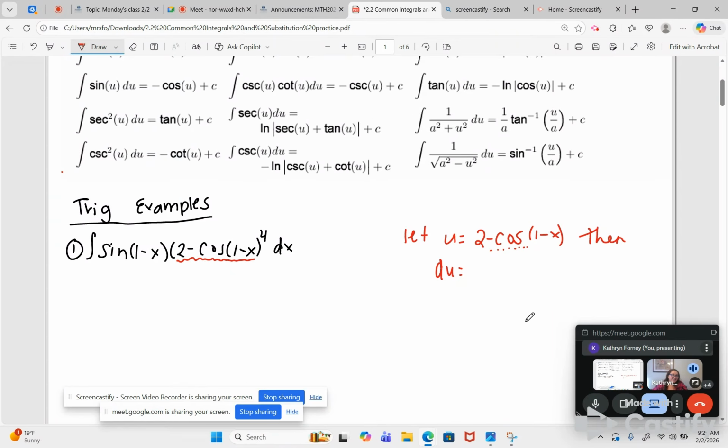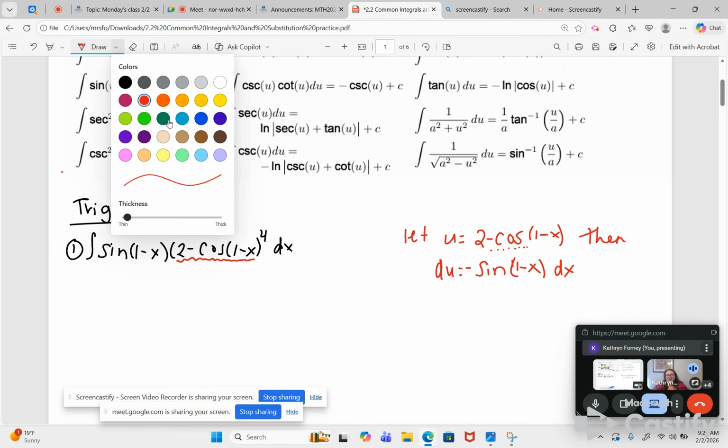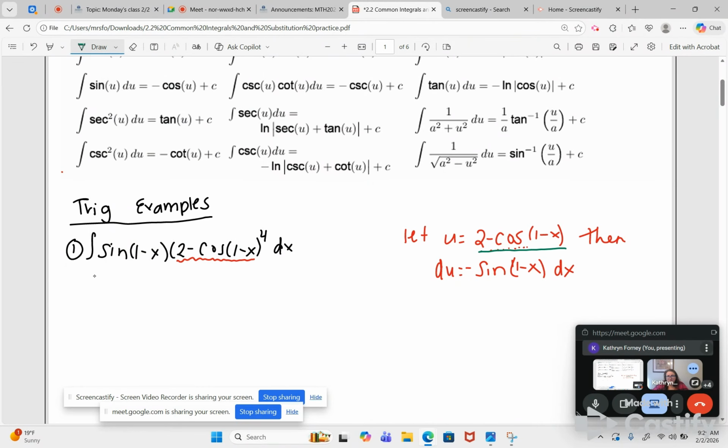And since it's negative, that becomes positive sine of 1 minus x. But the chain rule tells us then we have to take the derivative of the inside function, which would be negative 1. Now, when we look at this, u is u to the fourth.